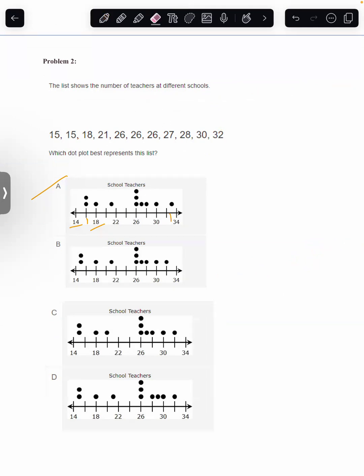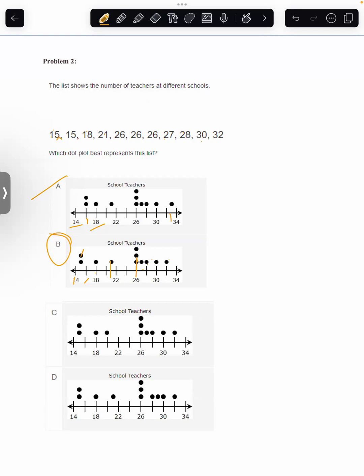All right. So here, this is 14, 16. So that is 2 15s. That would work. 18, that works. 21 works. 3 26s, a 27, a 28, then a 30, and a 32. That should be it. Let's check. 2 15s. Okay.